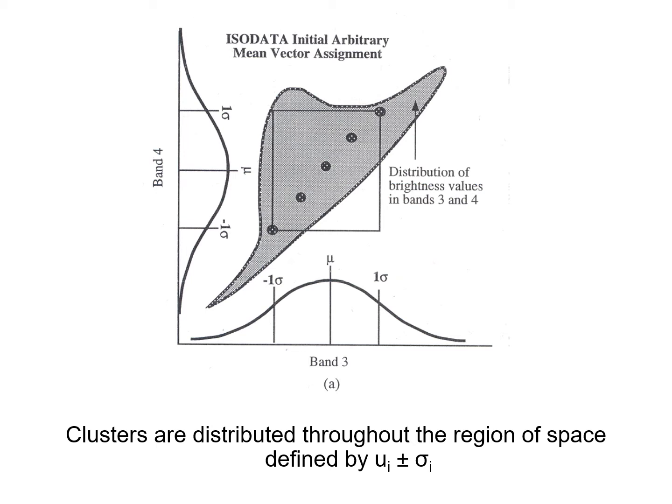So here we're looking at band 3 versus band 4. Again, we'll just assume it's Landsat. And this little hat-like shape, if this reminds you of the tassel cap, this is not a mistake. This is the projection of a tassel cap into band 3 and band 4.